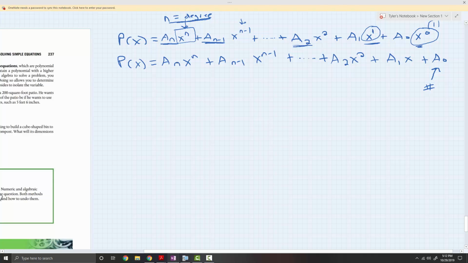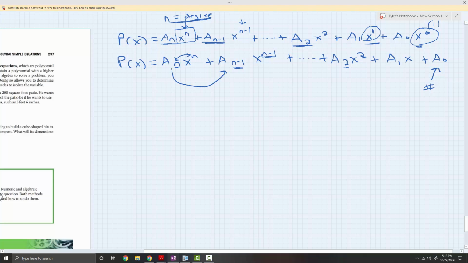And then something else to notice is, the reason why we have these subscripts, it might seem kind of scary, but it's just showing that they match, right? So a sub n matches with the degree n polynomial term, right? So n minus 1 matches this exponent, right? So notice the numbers match the exponent, and that's just to clarify, right? And we need to use those symbols in mathematics rather than using a every time, because when you use the same variable over, that represents that it's going to be the same value, and those aren't necessarily going to be the same, right?